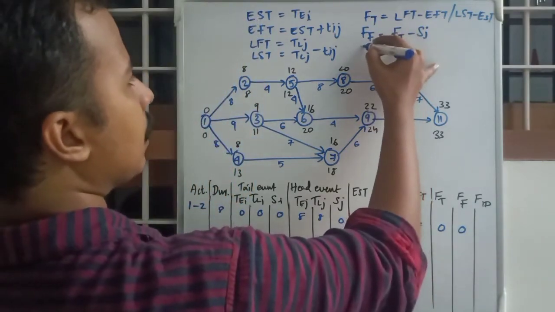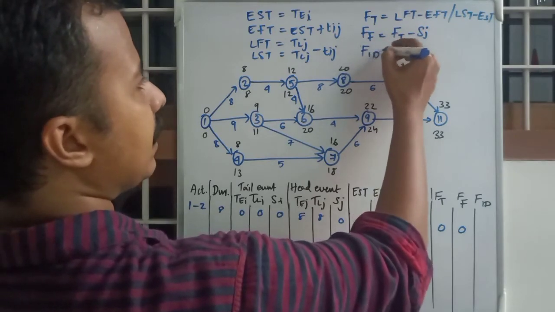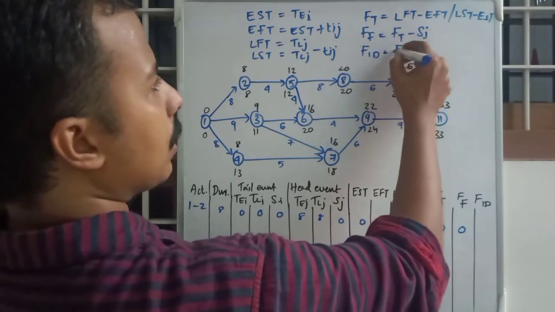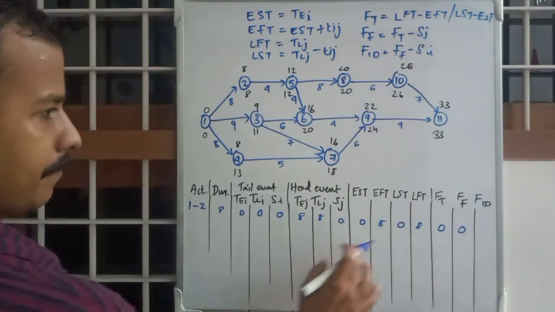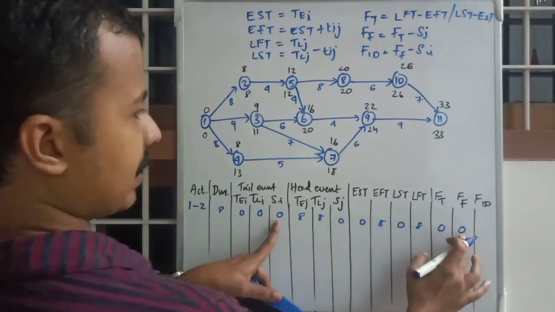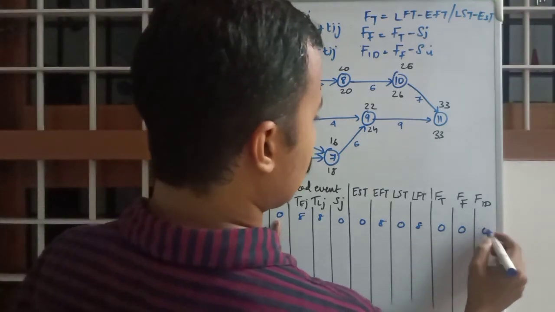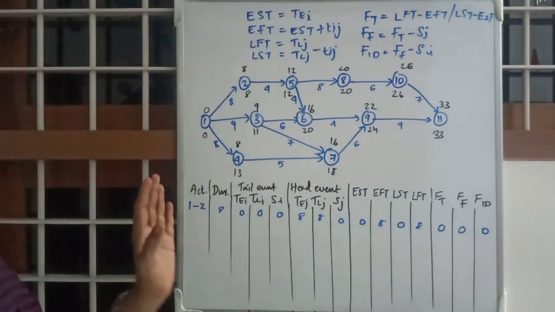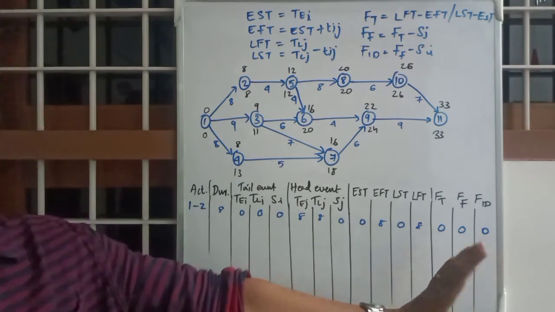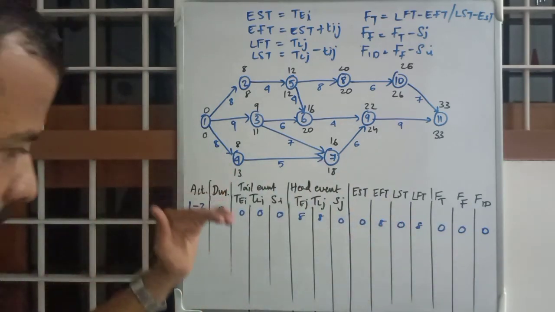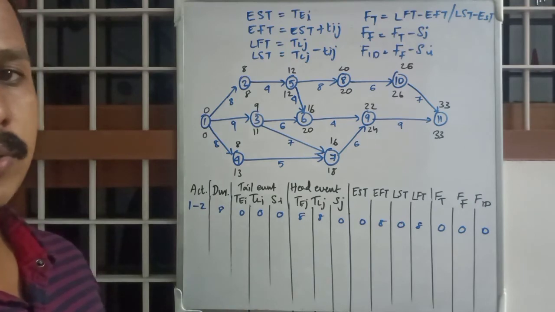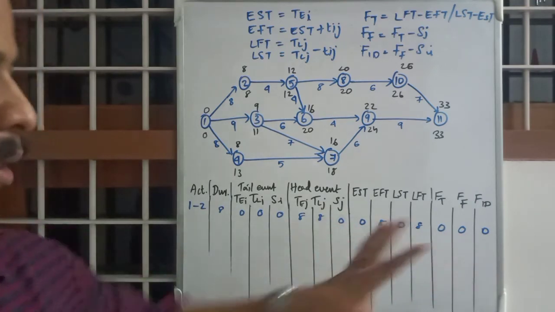And independent float, FID, is FF minus SI, again 0 minus 0, 0. Okay. So right now there are no complications, it was just simple values. As the events progress, there will be differences in values and there will be float values.